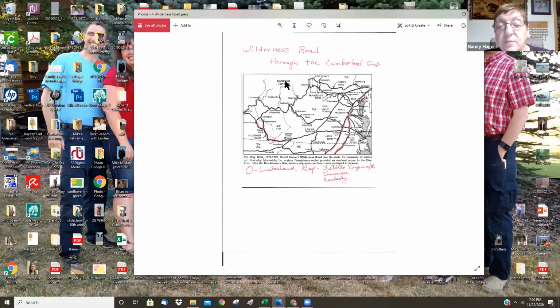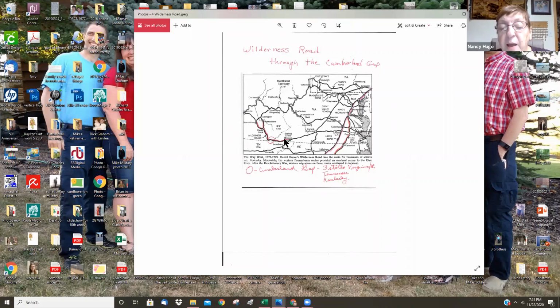So any settlers that did go into Virginia went across that way to Ohio, went on rivers, and maybe you've seen movies where people were on the boats that took them into Ohio, or else they came into Kentucky by the Cumberland Gap.